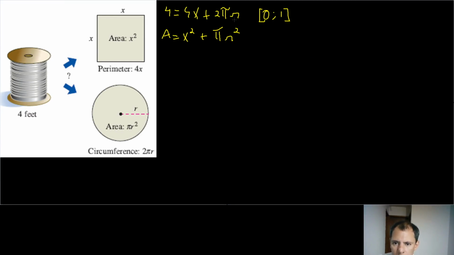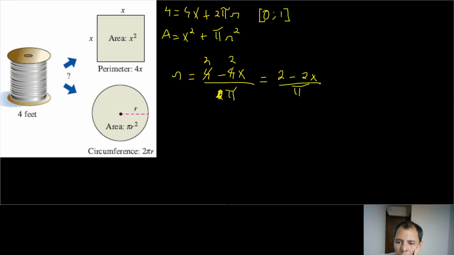So what I'm gonna do is isolate the r. So r equals 4 minus 4x divided by 2 pi. So you forget about this. This is a 2 and this is a 2. It's going to be 2 minus 2x divided by pi. And then you put it over here.